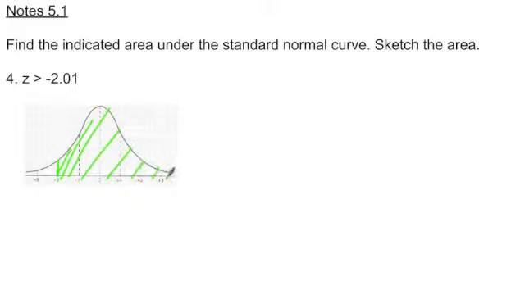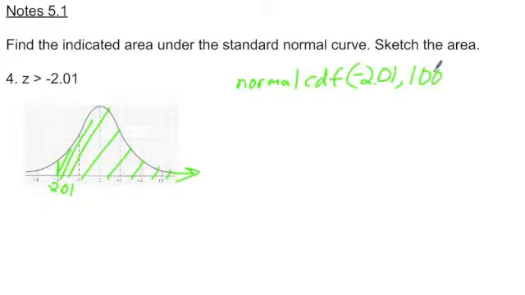In the calculator, I hit second distribution, choose option number 2 for normal CDF, and we want to use the minimum. Our minimum is right here, negative 2.01. Our maximum, since it goes on forever in the positive direction, we just type in 10,000.